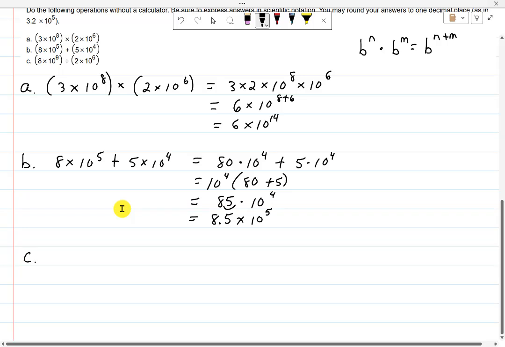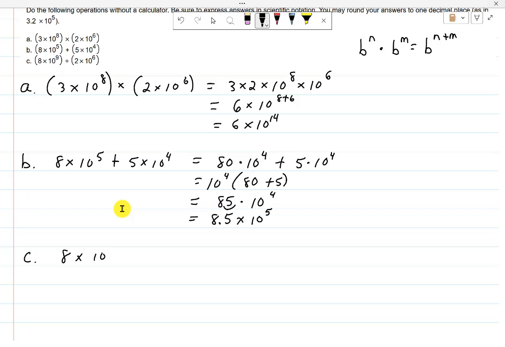The last problem is a division problem. I have 8 times 10 to the 9th divided by 2 times 10 to the 6th. I can cancel the 2 into the 8, 4 and 1.